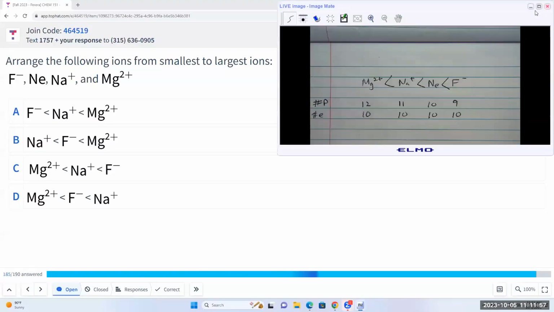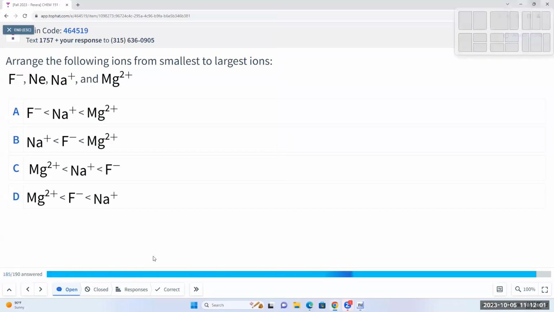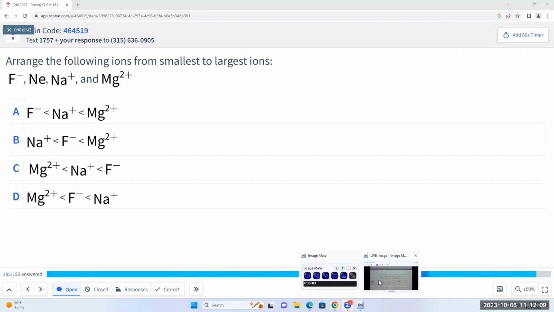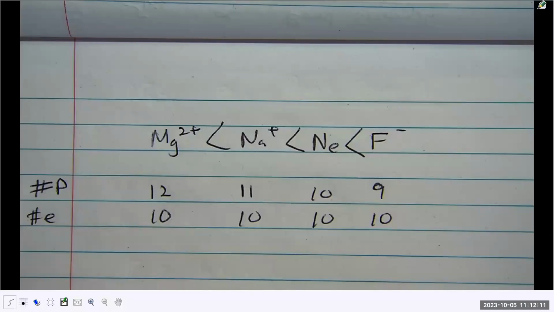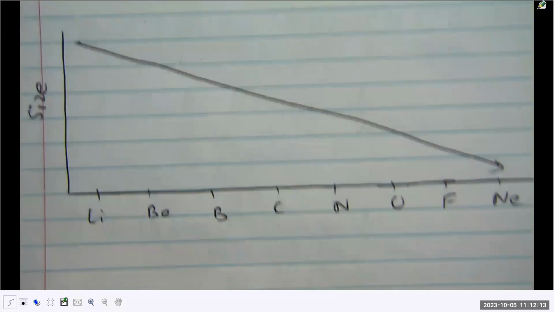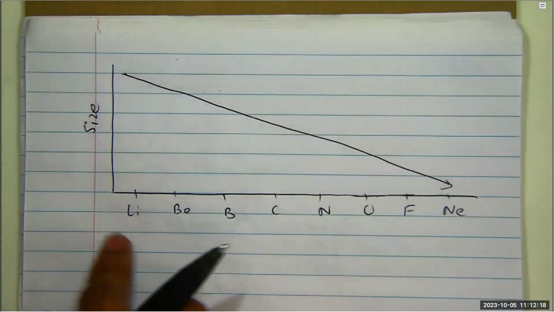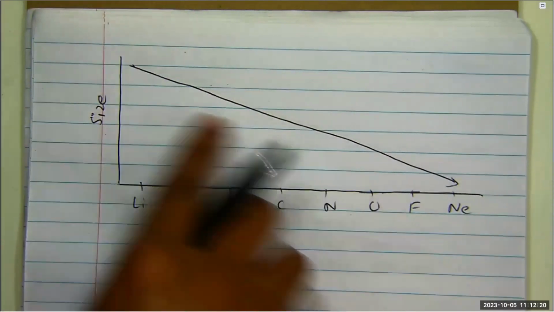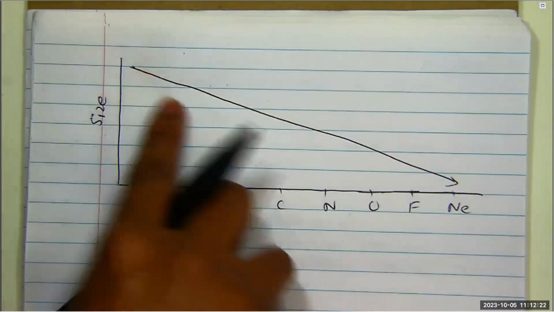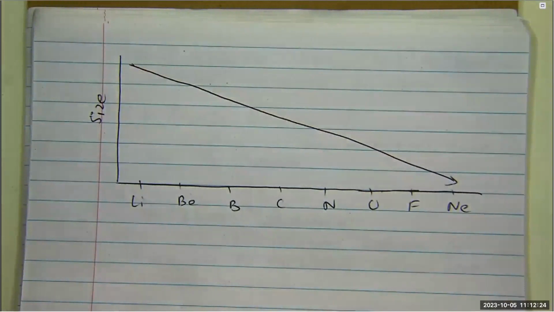Now that is that. Again, this is about the size of the atom. All right. Now, what I want to do is just to recapitulate what we did on Tuesday. Here's what we did towards the end of Tuesday's lecture. So these elements are in the same period. We saw that when you go across the period, the size of the atom decreased.